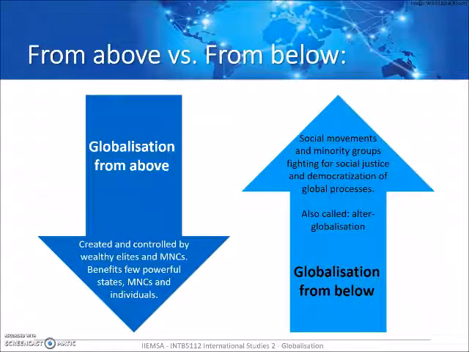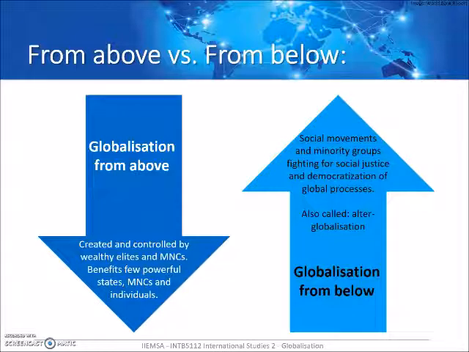Now, when we look at different types of globalization, another distinction is made, and it links to the previous one, right? Between globalization from above and globalization from below. Globalization from above is seen as globalization that is created and controlled by wealthy elites, by multinational corporations. So it's basically the market-driven globalization, right? Which benefits a few powerful states, a few powerful multinational corporations and individuals.